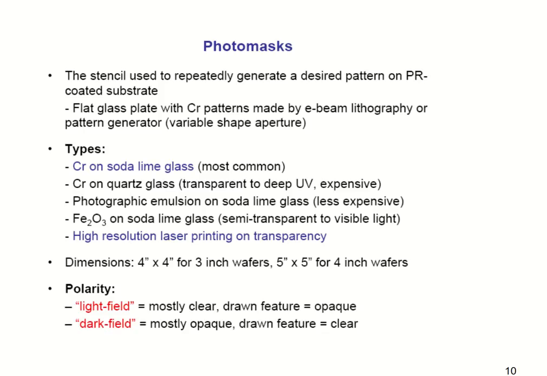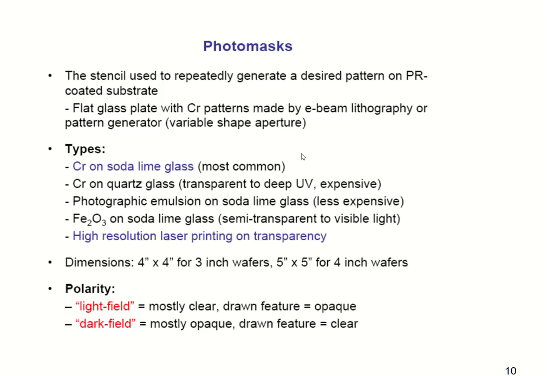Usually they pattern the photomask on a glass substrate, which should be transparent, and the mask pattern is usually patterned by chrome. So a general type of photomask is chrome on soda lime glass. That's the most common type of photomask.